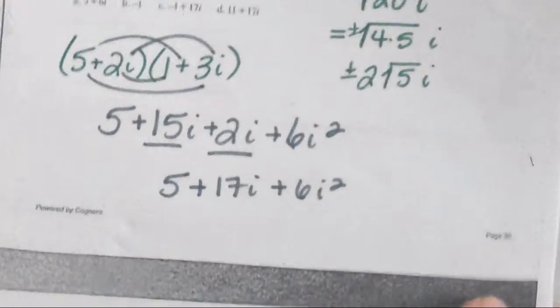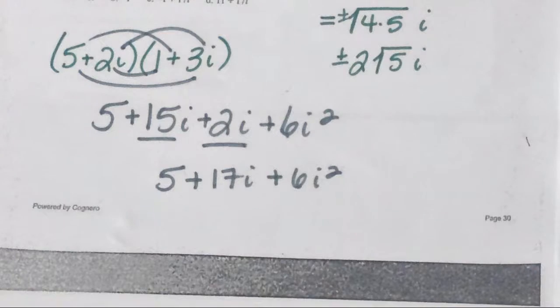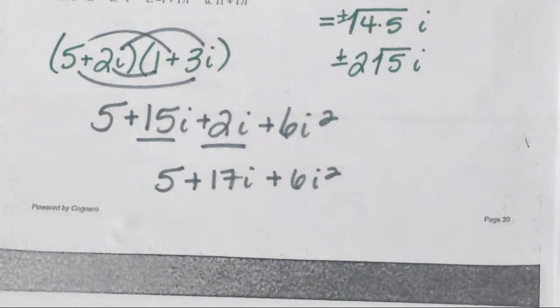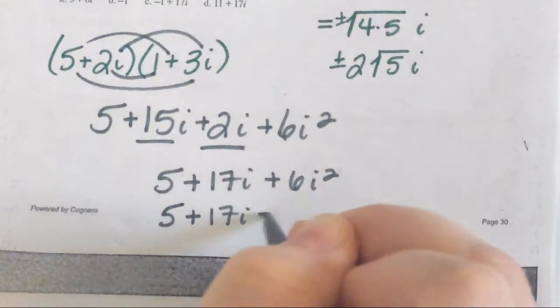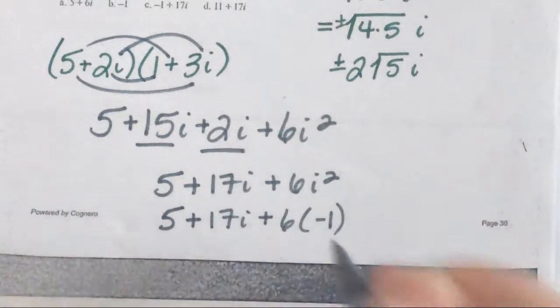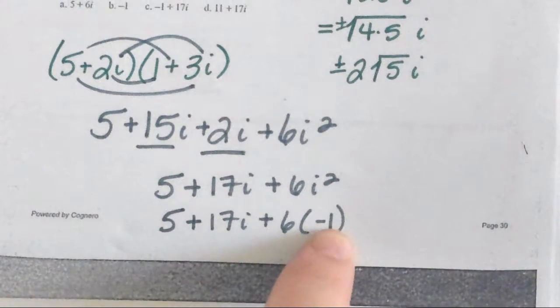There's one more thing I need to do. What is i squared? It's really negative 1. So 5 plus 17i plus 6 times negative 1. So I really have 5 minus 6.